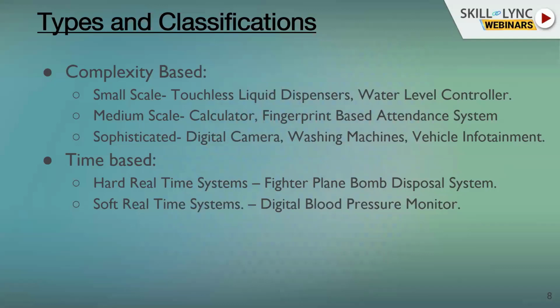For example, let's talk about a fighter plane bomb disposal system. Can you afford to miss the bomb disposal by a few milliseconds? Probably not, right? There are many such systems where you just cannot afford to miss these deadlines.